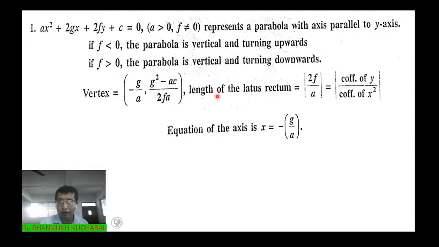Then the length of the latus rectum is given by the modulus of 2f divided by a, calculated as the modulus of the coefficient of y as the numerator and the coefficient of x square as the denominator. Similarly, the equation of the axis is x equal to minus g divided by a.